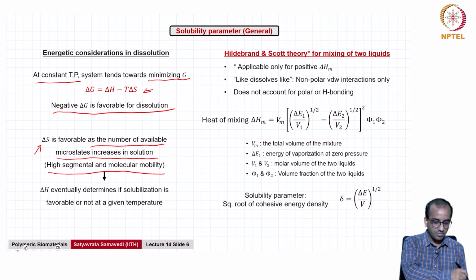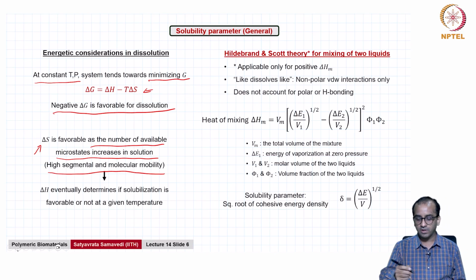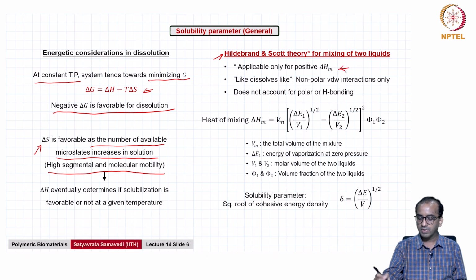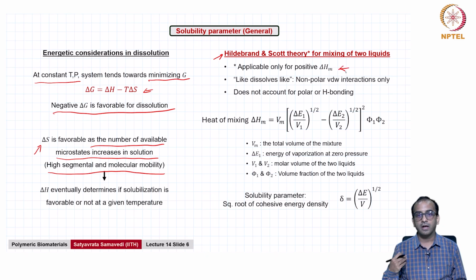One way to think about it comes to us from Hildebrand and Scott theory for mixing of two liquids. Here, this is applicable only for a positive delta H. The M here simply means mixing.